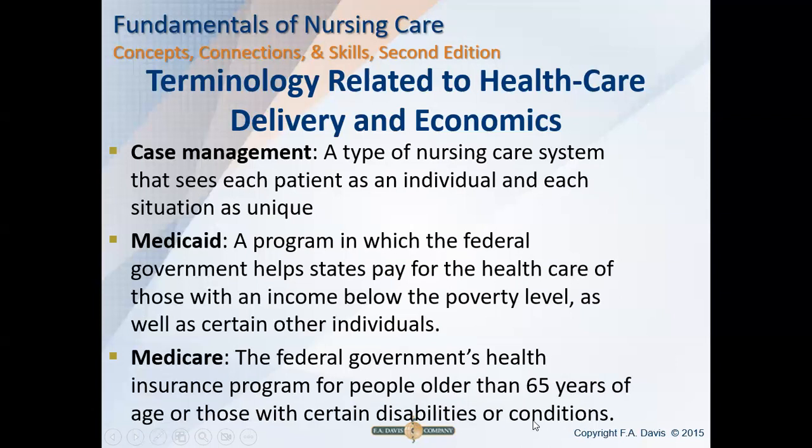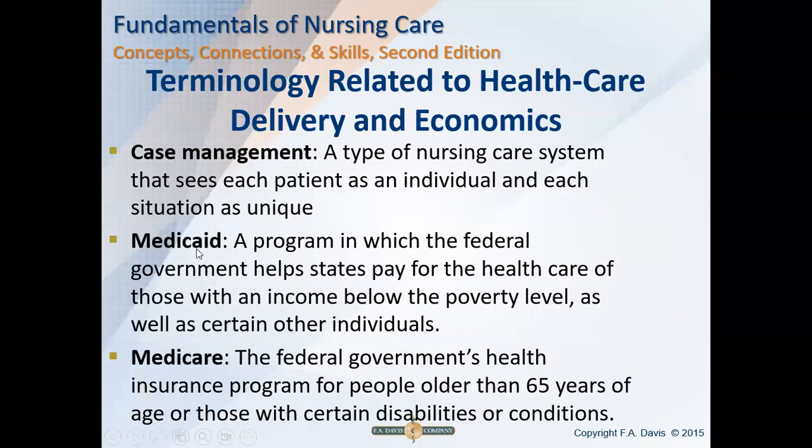As I told you, Medicare and Medicaid are two government programs. Both of them provide medical and other health-related services to specific individuals, right? Specific individuals means people older than 65 or with certain disabilities or conditions.